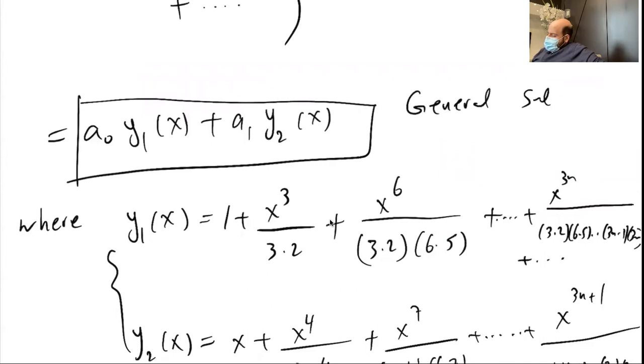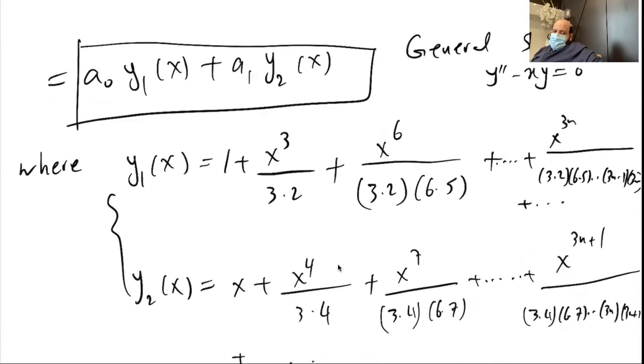The general solution of y double prime minus xy equals 0, where y1 of x and y2 of x are these functions. In the previous example, we could write y1 of x as, let's say, cos x and y2 of x as sine x, for example.